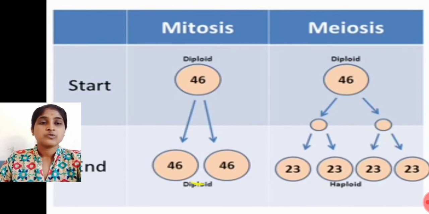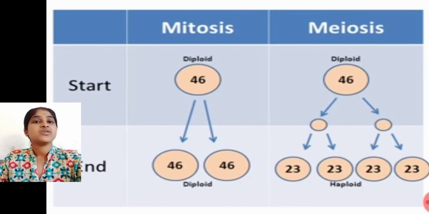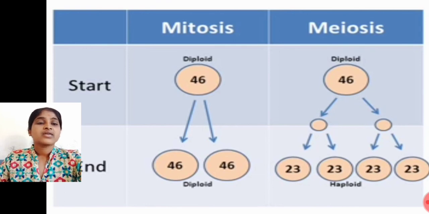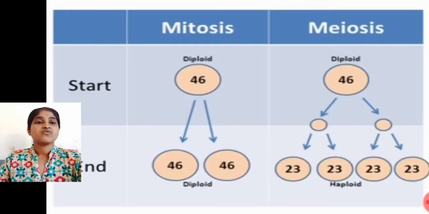These also have 46 chromosomes, the diploid cells. Next, meiosis starts with diploid 46 chromosomes. When it divides into two cells, those two cells divide again, and it forms four haploid cells. These are some of the differences we see.